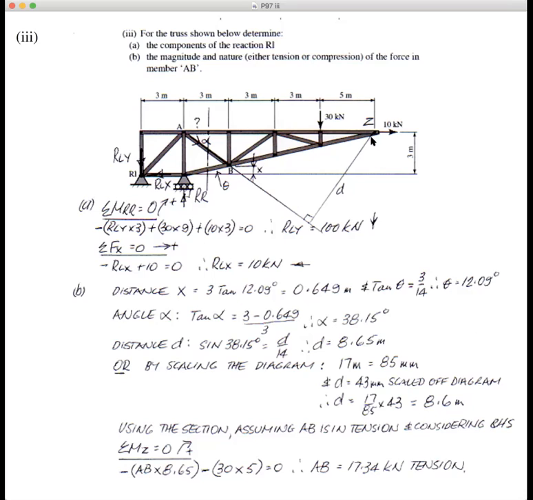And don't forget this one, because if you've got a perpendicular distance between the point that you're taking moments about, it's going to create a moment. So that's 10 times 3, given the perpendicular distance there, equals 0. We've got a positive answer, so we've got 100 kilonewtons acting down.